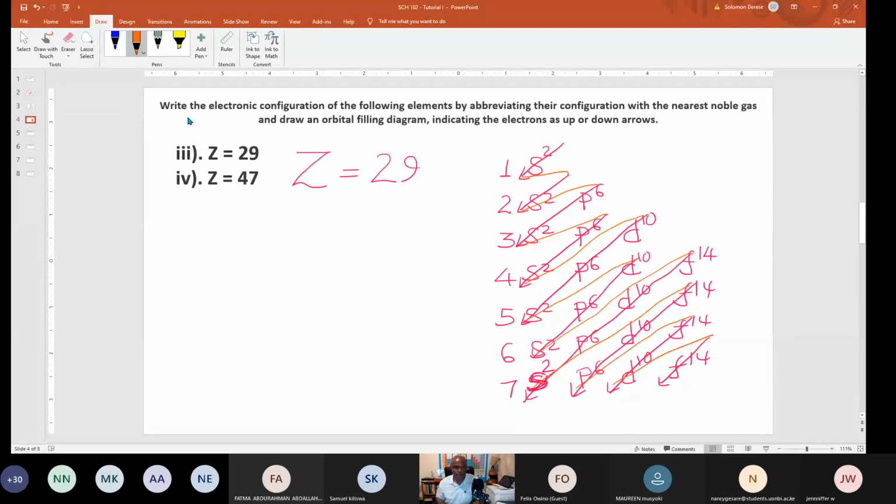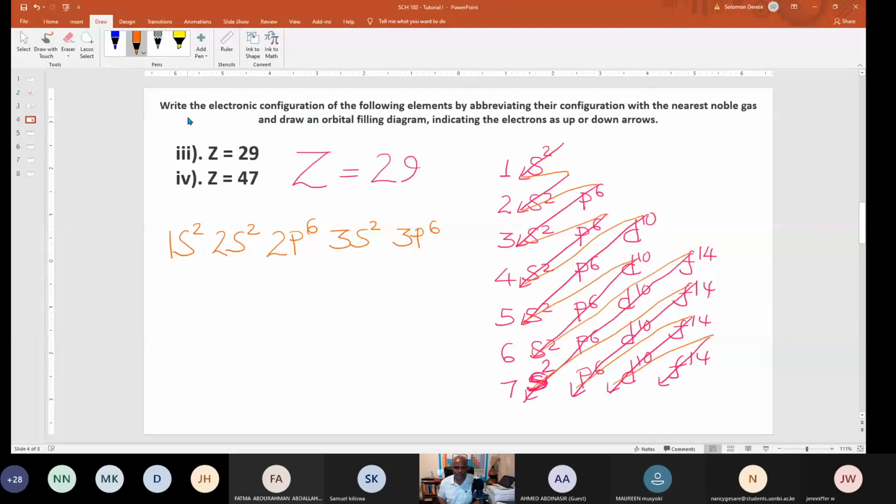Like that. So let's quickly do for Z is equal to 29, okay? We'll count and follow this until we reach 29. So 1s2. After 1s2 it is 2s2, 2p6. After 2p6 it is 3s2. After 3s2 is 3p6.